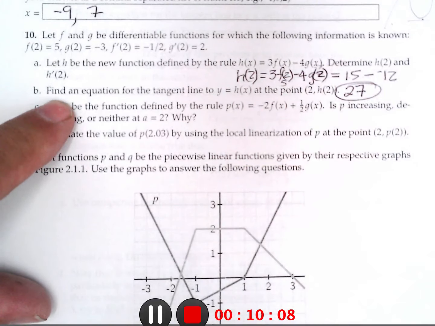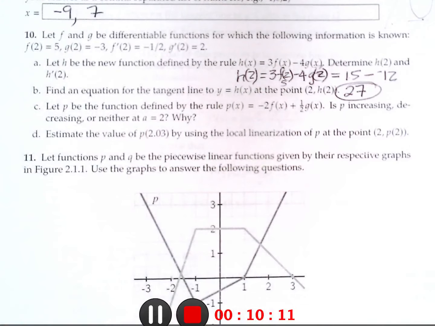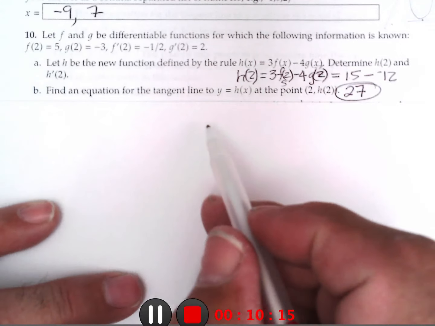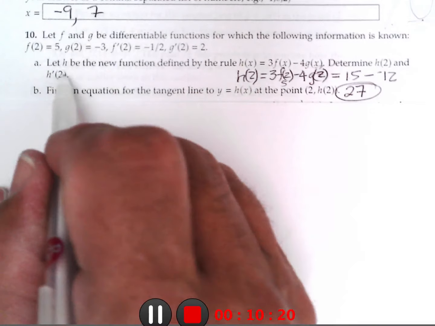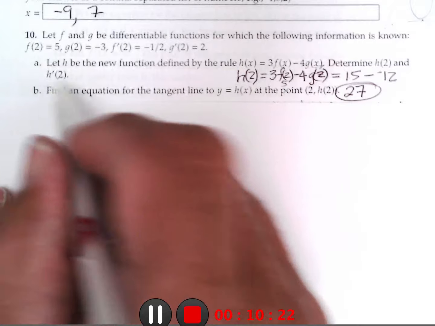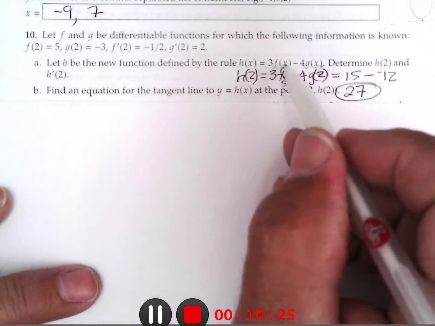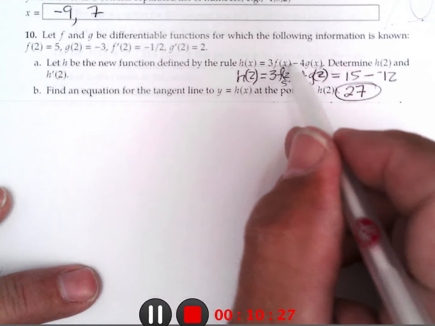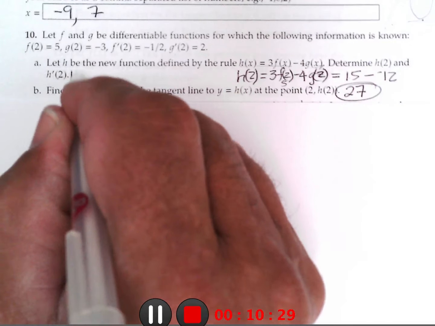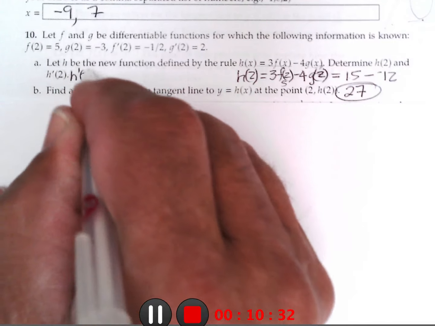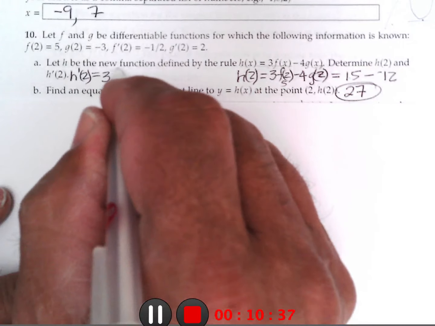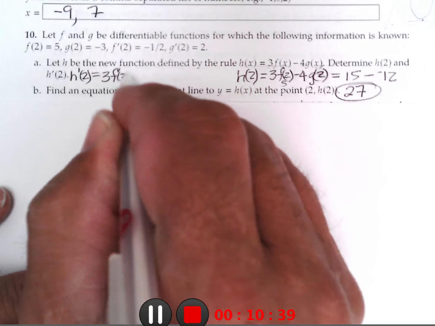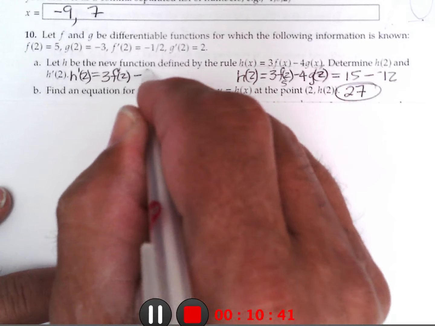Now we're supposed to find the equation of the tangent line. Okay. Oh, we didn't find f prime of 2. H prime of 2. Well, that would be, since h of this is this, then h prime of 2 would be the derivative of this, which would be 3 times f prime of 2 minus 4 times g prime of 2.